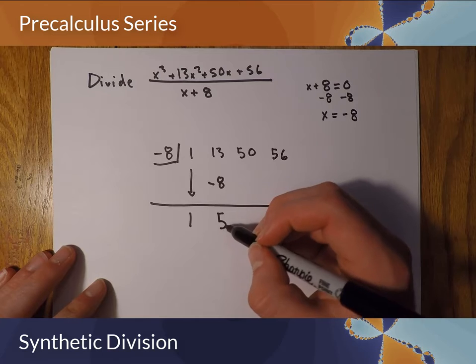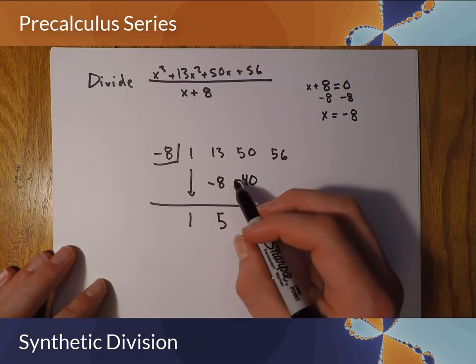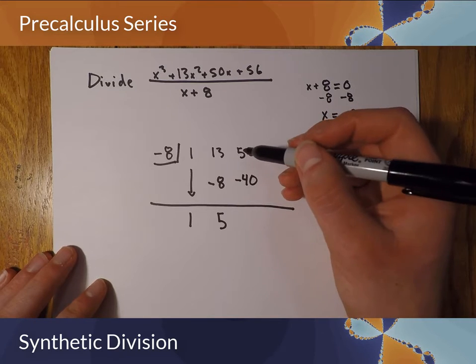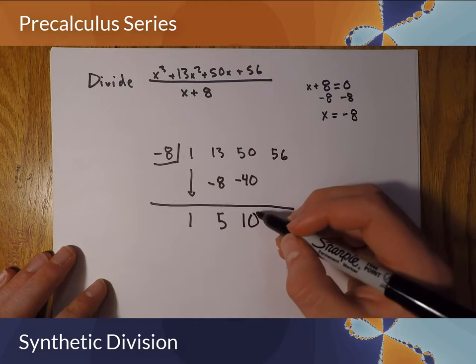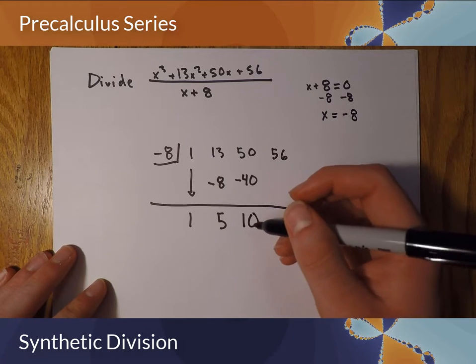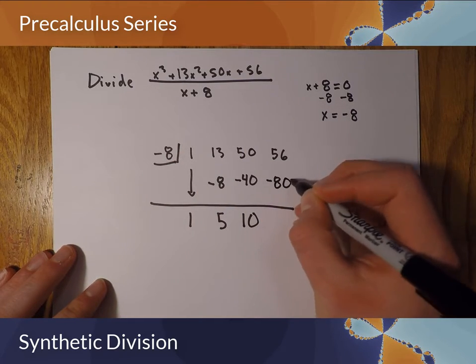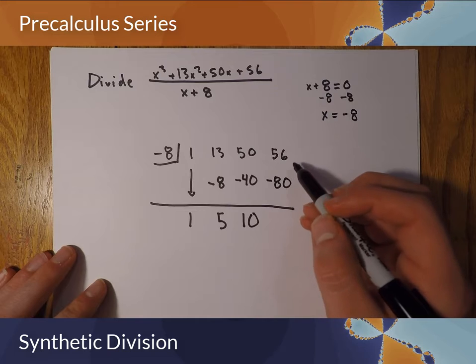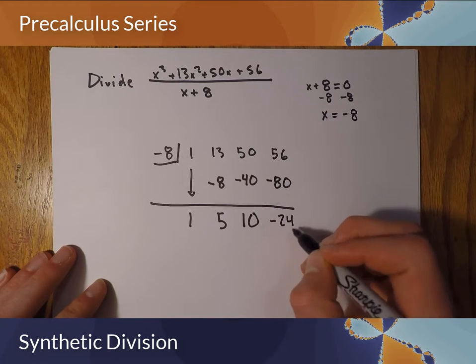So 5 times -8 is -40, I'm sorry. And then you add these two numbers together. So 50 plus -40 is 10. And then you do it one more time. And so you get 10 times -8 is -80. And so now you get 56 plus -80 is -24.